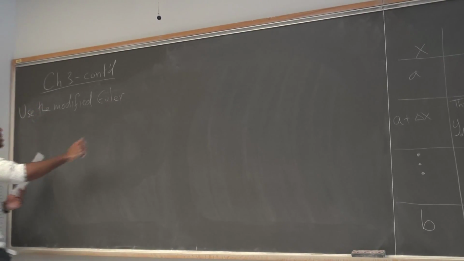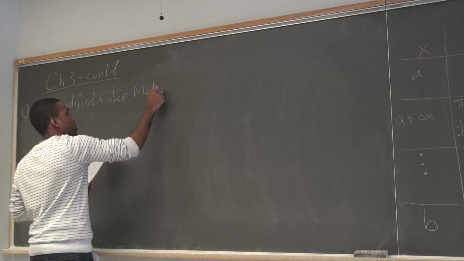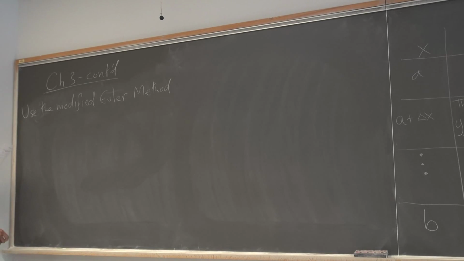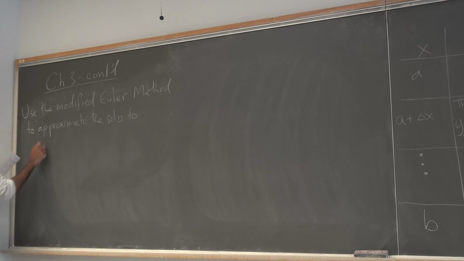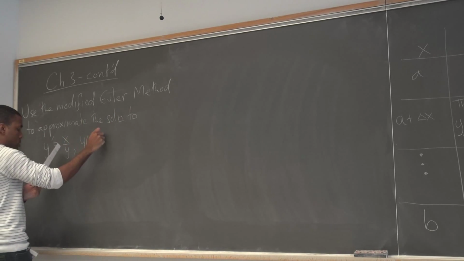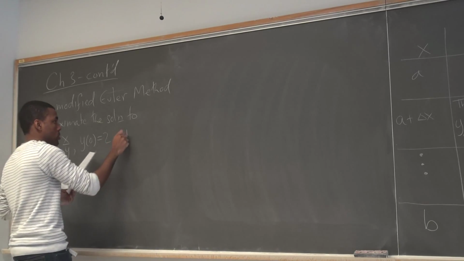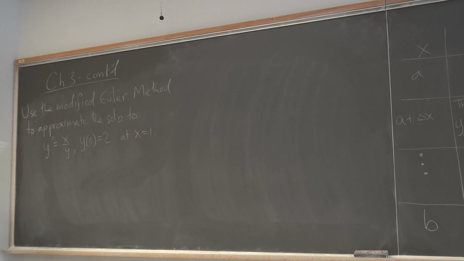Use the modified Euler method to work out the same guy we did last time, to approximate the solution to y prime equals x over y, y0 equals 2, and x equals 1. Using 2 subintervals would give us just as good an answer, but to get you guys used to the steps, let's use 3.